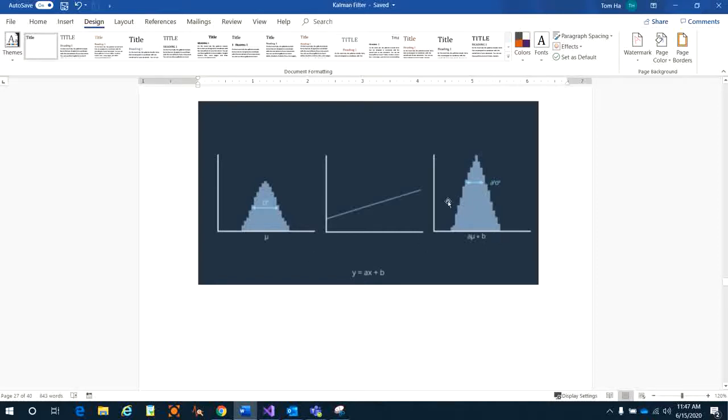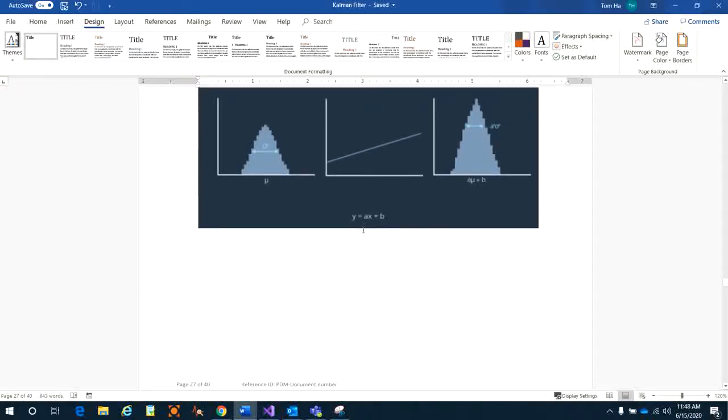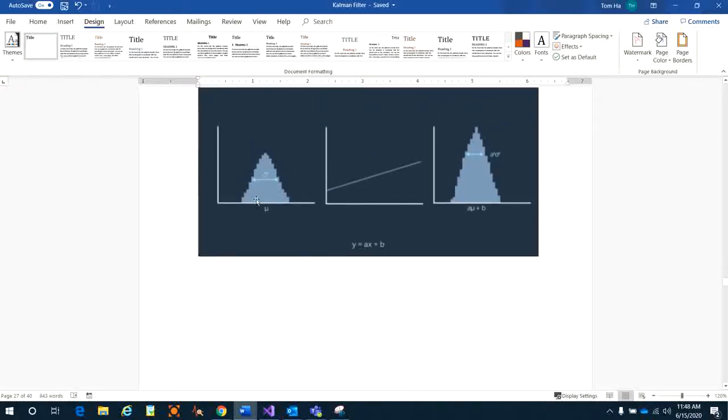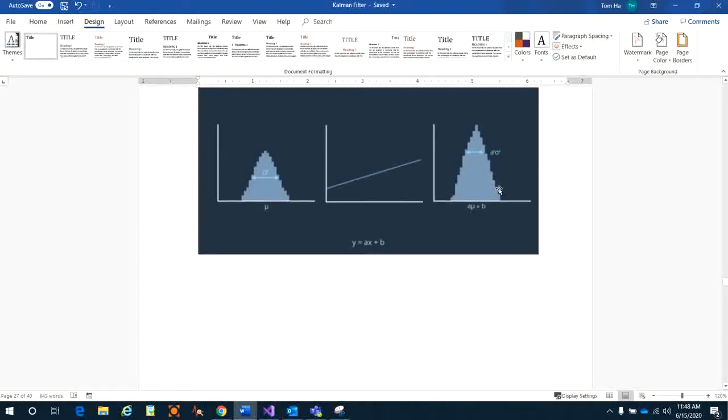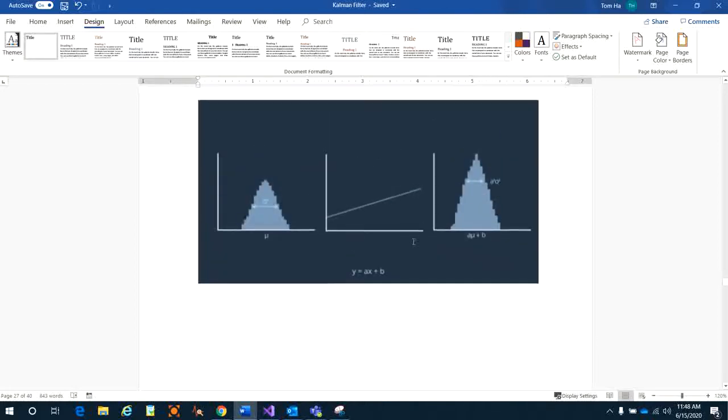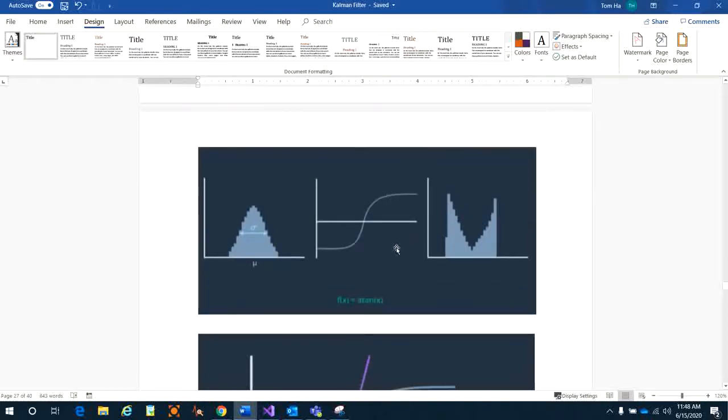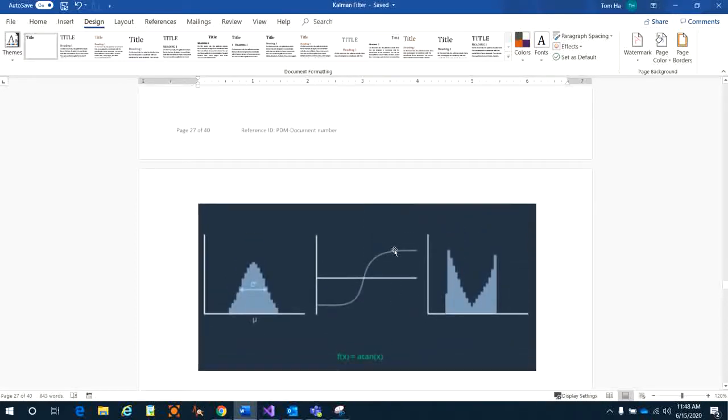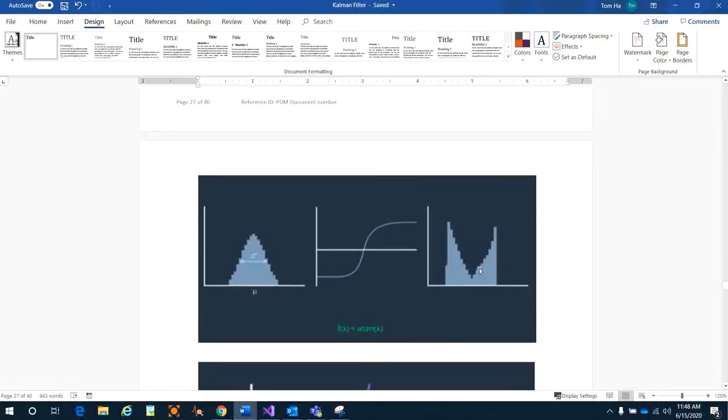It's a linear motion. So if the input is Gaussian, the output has to be Gaussian, right? Now, if the robot moves with a different function, it means it has a nonlinear motion right here. You think the result is the same thing? We get the input as Gaussian, but the output is not Gaussian anymore, right?